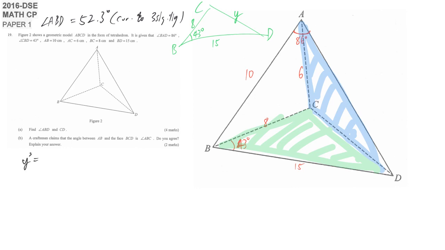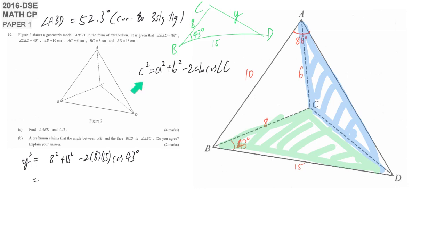Y squared, because this side squared must be alone on one side, is equal to 8 squared plus 15 squared minus 2 times 8 times 15 cosine 43 degrees. Don't forget the cosine formula is c squared equals a squared plus b squared minus 2ab cosine C.